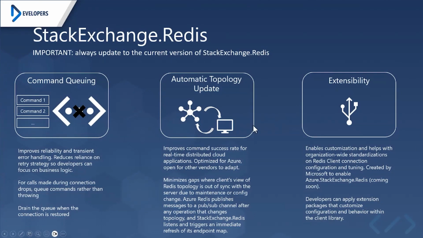The second one, automatic topology update. This means the Redis client will maintain a real-time topology of where the shards of the data are stored, and which primary or secondary node to read on. So this improves the success rate and further boosts the performance for real-time distributed cloud applications.